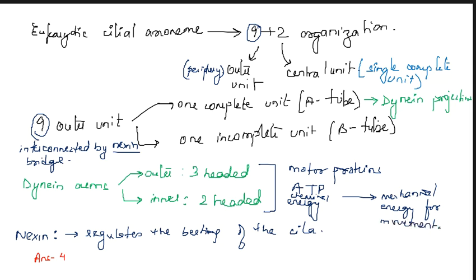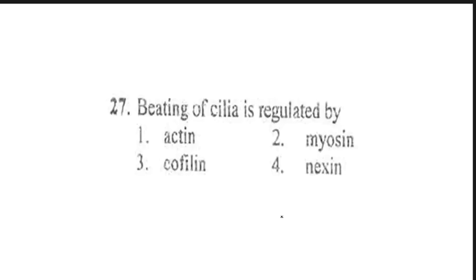Understood? So moving to our question, beating of cilia is regulated by nexin, and the energy is provided by the motor protein dynein, which converts the chemical energy of ATP into mechanical energy.